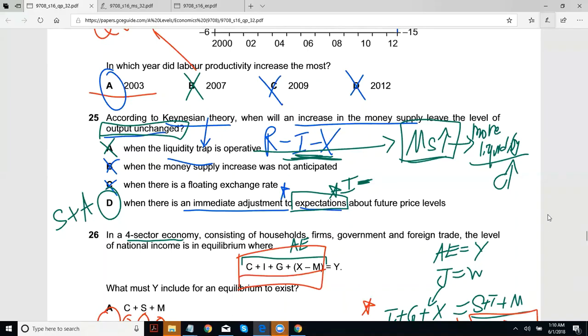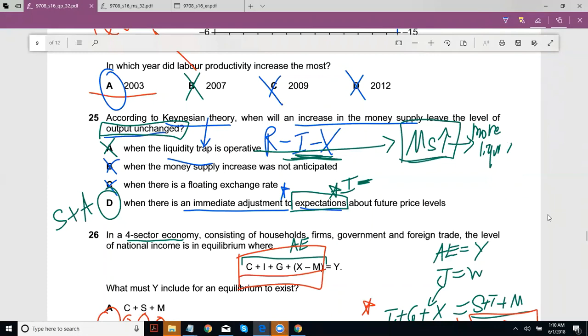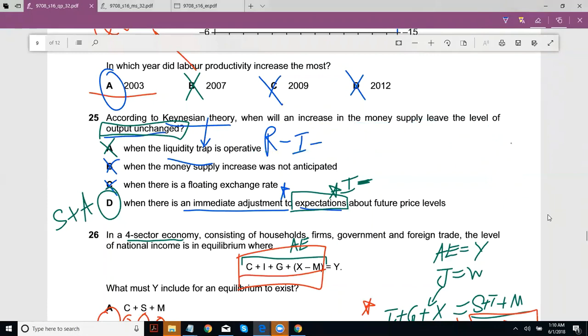All right, so all of our answers were fine except for this one, which goes to show why you shouldn't go on what you think or what you feel, and you should just use logic to determine your answers. Logically, A did make sense, and that was your answer, because when the liquidity trap is operative, interest rates do not change.